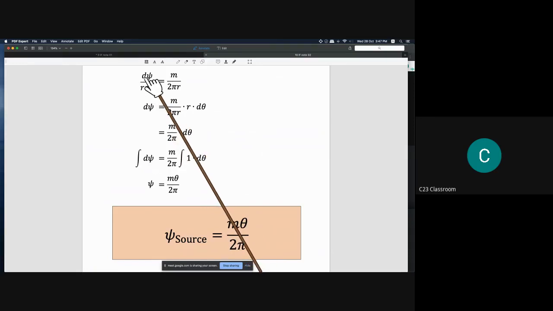We have the differential terms here, so we bring the r and d theta to the right-hand side, simplify, and integrate both sides. Then we get psi equal to m theta over 2 pi. So psi for a source is equal to m theta over 2 pi.